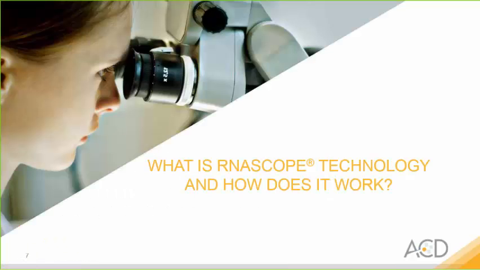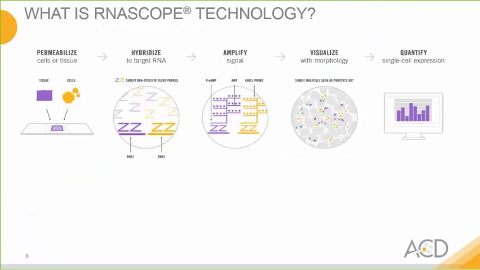Okay, so what is RNAscope technology? It's a novel in situ hybridization technology. On a very high level, the workflow is very similar to IHC or traditional ISH. The assay starts with permeabilized tissue to allow the target probe to penetrate into the cell and bind to the target sequence.